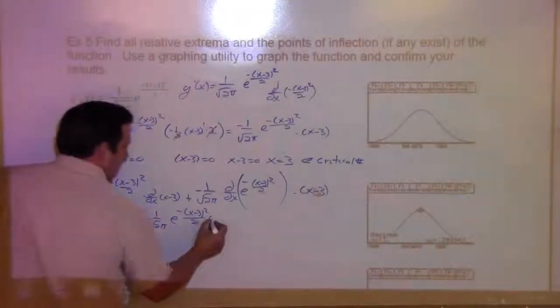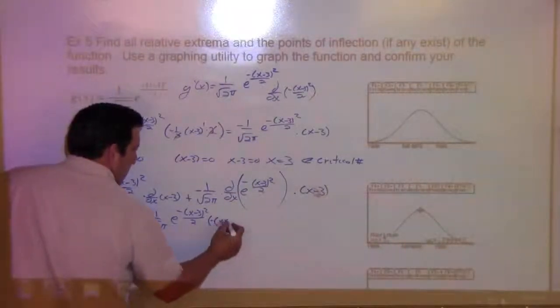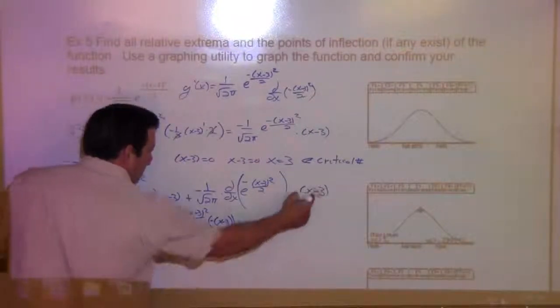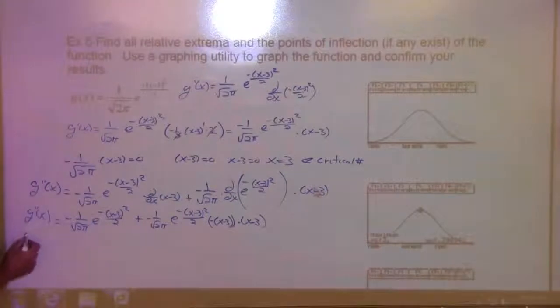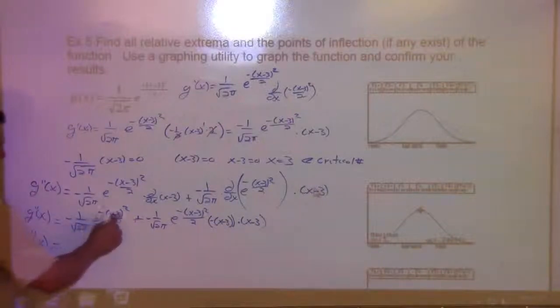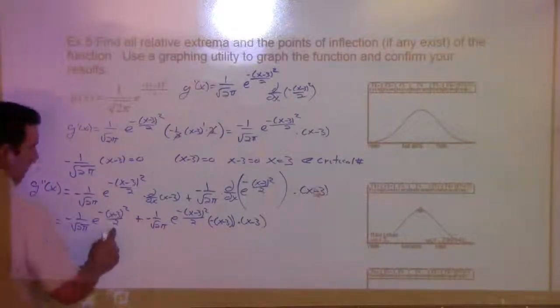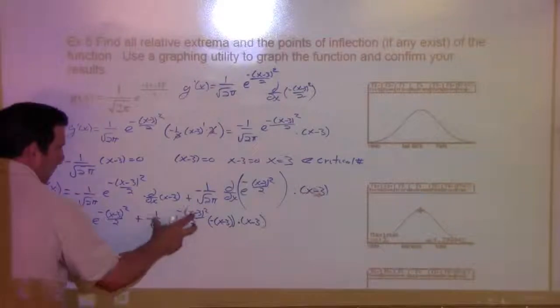So we have this negative x minus 3 times that x minus 3, which gives us g double prime of x. And notice here we have negative 1 over the square root of 2 pi e to the negative x minus 3 squared over 2. We have it there. We have it again right here.